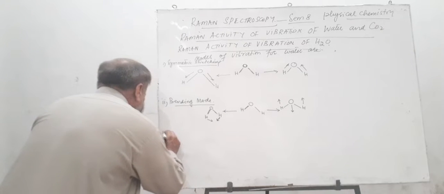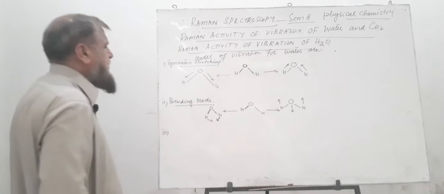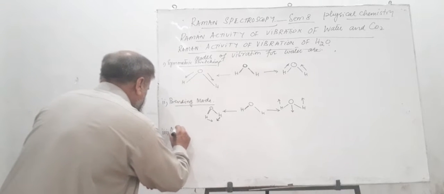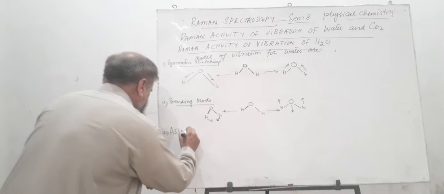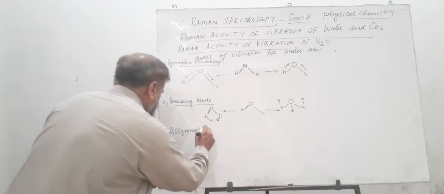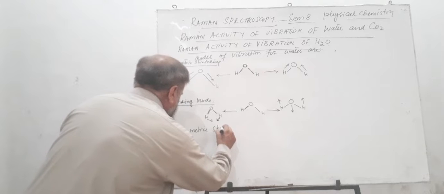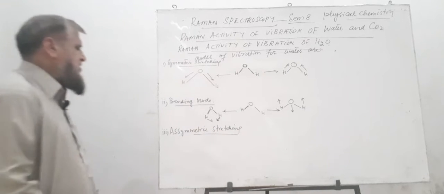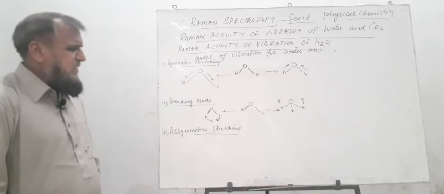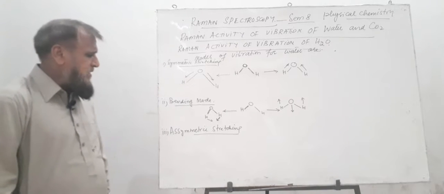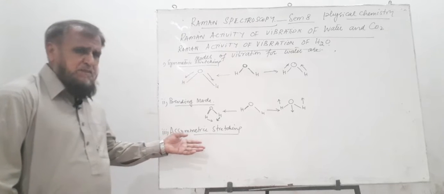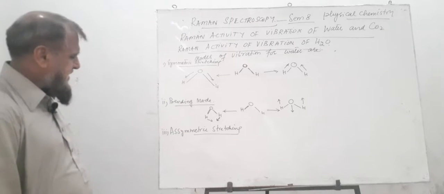The third type of vibrational motion, which is shown by water molecule, is called asymmetric stretching. In stretching mode, the bond length increases while the bond angles remain same. In asymmetric stretching, one bond expands and the other compresses.